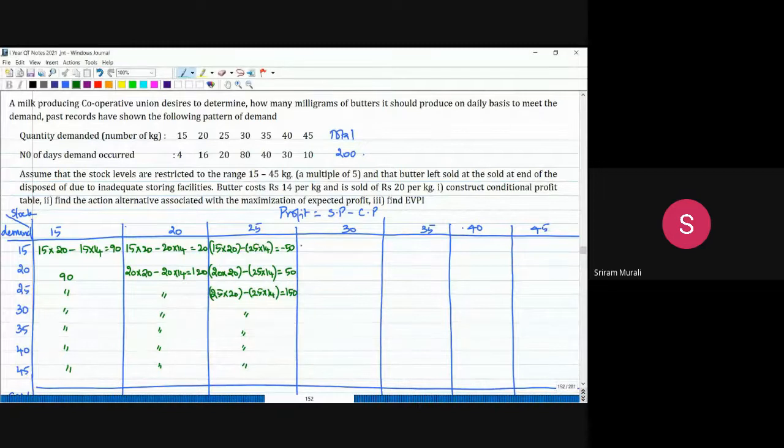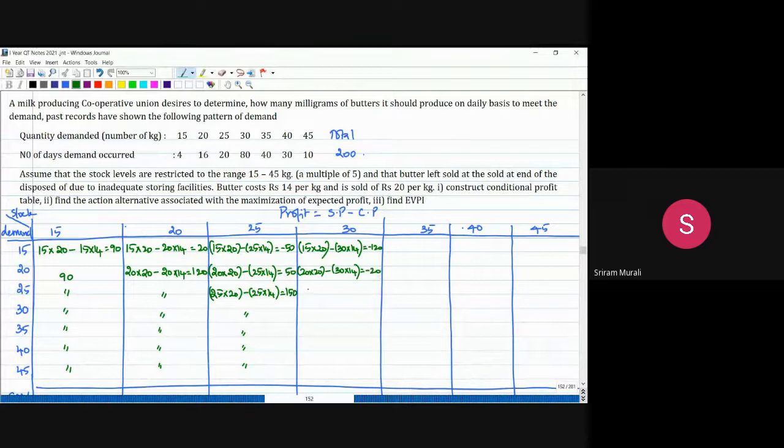This one, 15 into 20, because this many units only sold out, minus 30 into 14, which is equal to minus 120. This is 20 into 20 and 30 into 14.